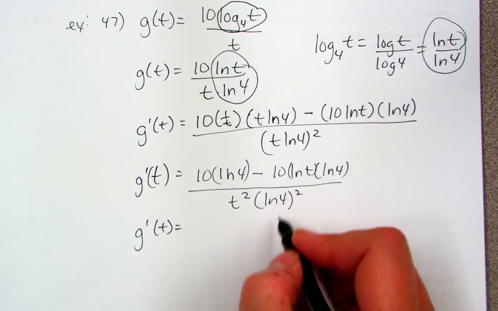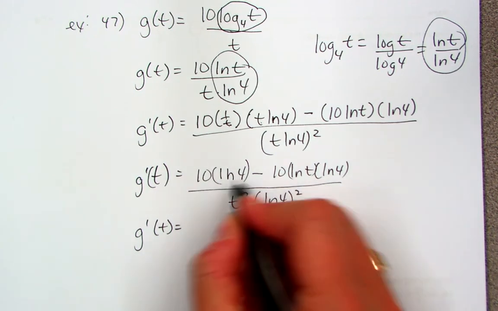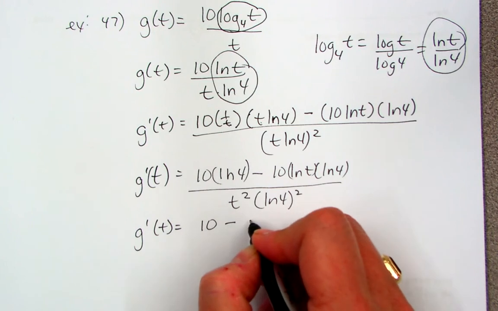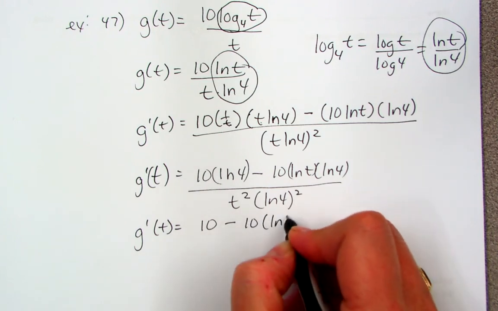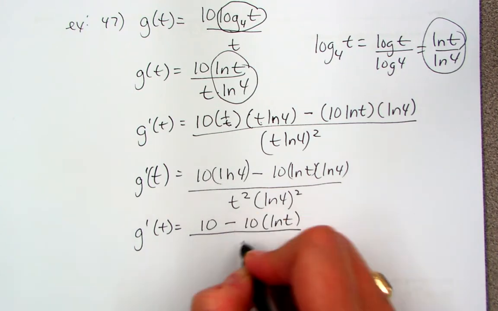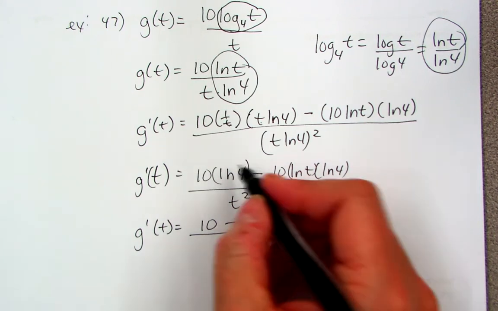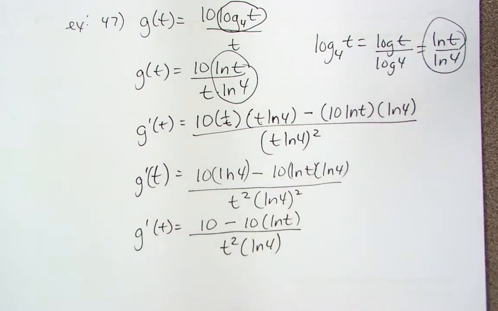You can take a natural log of 4 out. You can factor it out of the numerator and the denominator. I'm left with 10 minus 10 times natural log of t, all over t squared times natural log of 4, because this factored out and I could cancel it with one in the denominator.